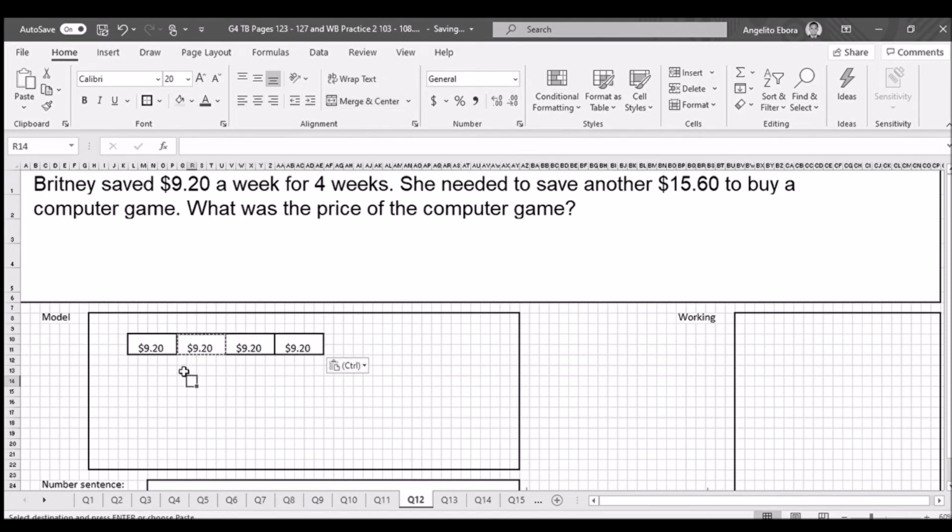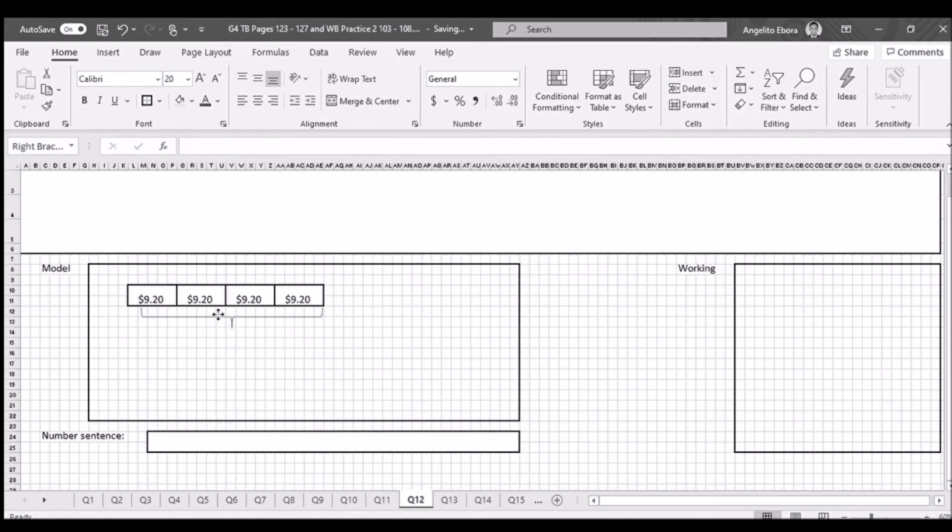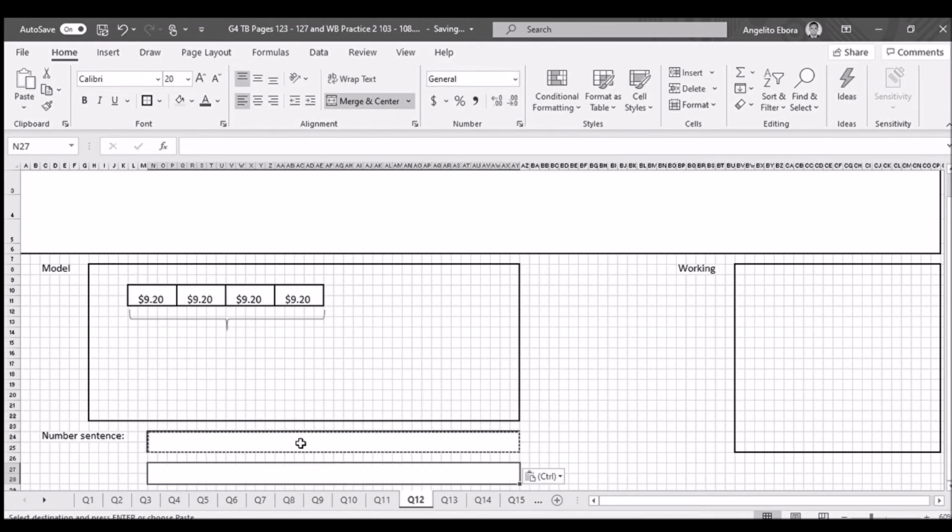Okay, so let's find the total amount that she saved in 4 weeks. So that will be our first step. Okay, so it's either you add all of this or you multiply it by 4. Okay, so $9.20 times 4.